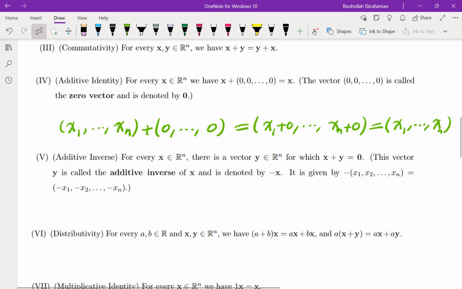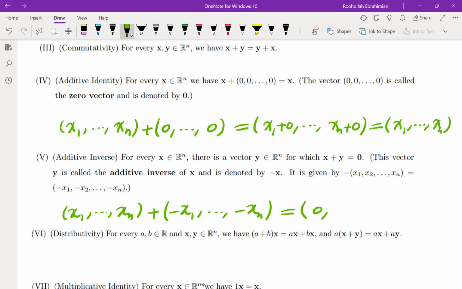So that's called additive identity. Additive inverse is just negation. So for every vector x, there is another vector y such that when you add them, you get 0. So if you take the vector (x1, ..., xn) and add it to (negative x1, ..., negative xn), you end up with 0 in all coordinates.